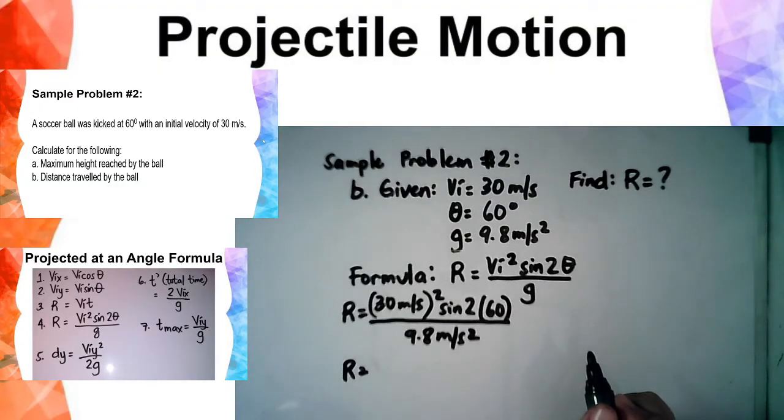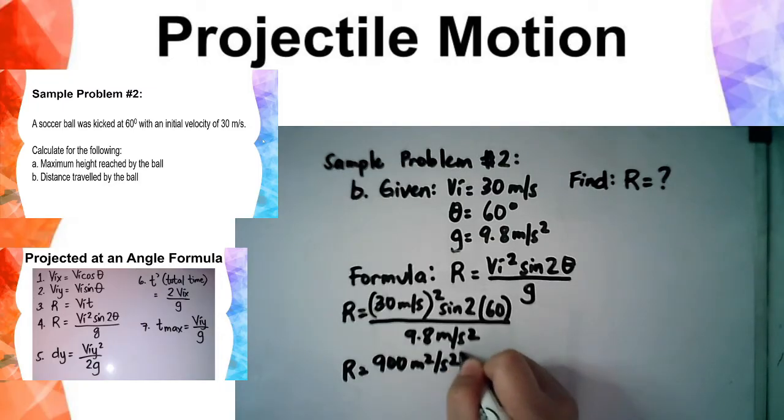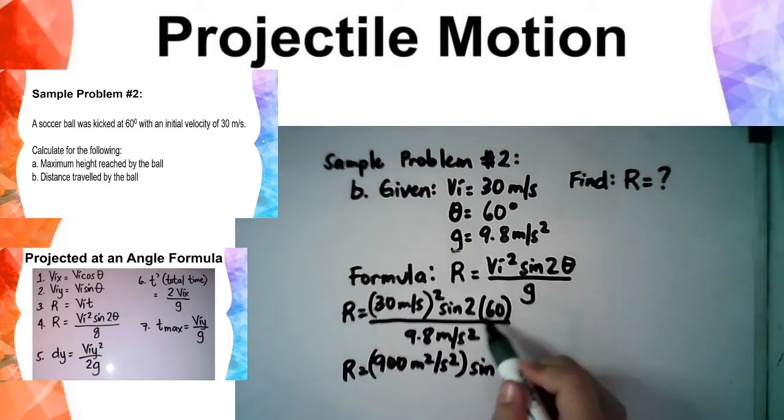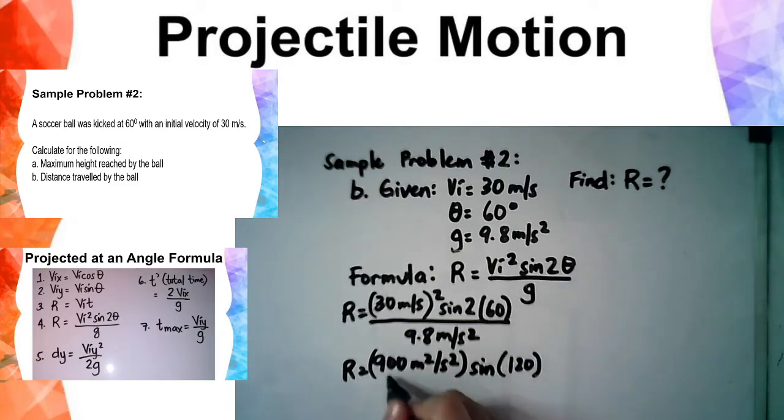Okay. Now, unahin natin yung 30 squared. So, 30 squared is equal to 900 meter squared per second squared. Sine, so you need to multiply 2 times 60, you will be having 120 divided by 9.8 meter per second squared.